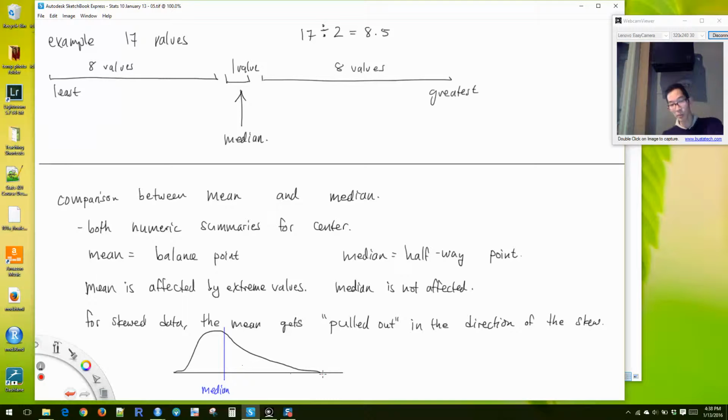The mean gets pulled out in the direction of the skew. If I tried to put the triangle here, it would tip over, so I have to probably put it over here for it to stay balanced. Maybe my picture is inaccurate, but this is the general idea of the comparison between the mean and the median.